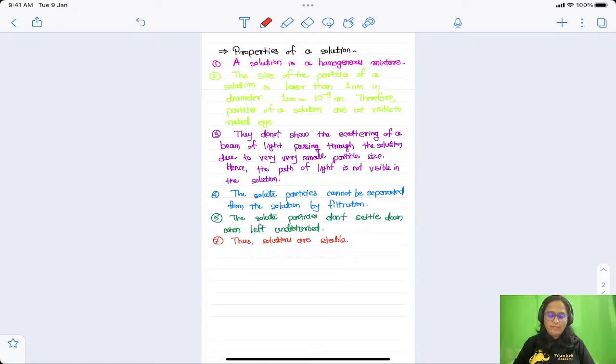Yes, now after the properties, we are going to discuss the next part from this chapter. Just go to the next page.